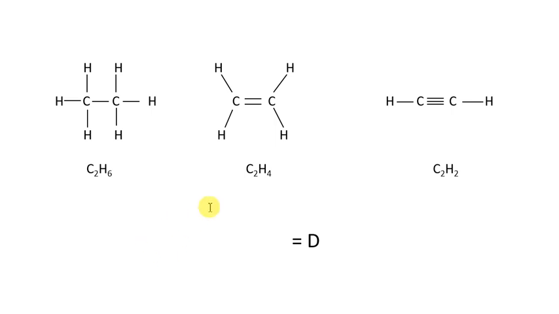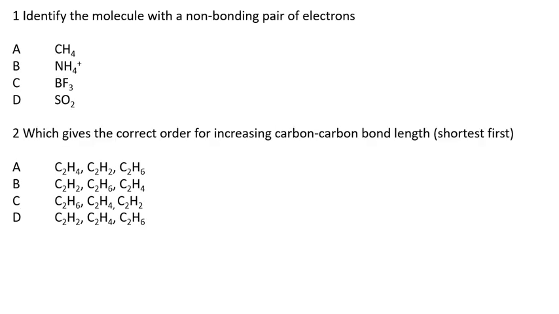Some people would choose to do it by looking at the formulae. If the carbon atoms have fewer hydrogen atoms, then there must be more bonds formed between the carbon atoms. Either way, correct answer D. Shortest bond first, leading to the longest bond.